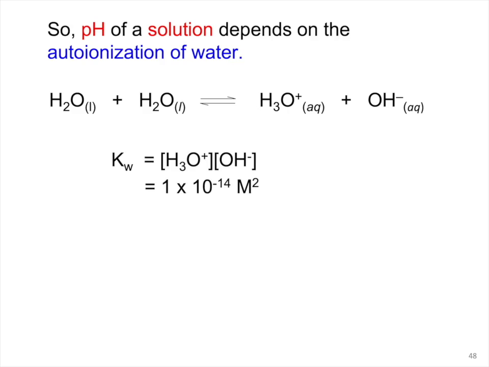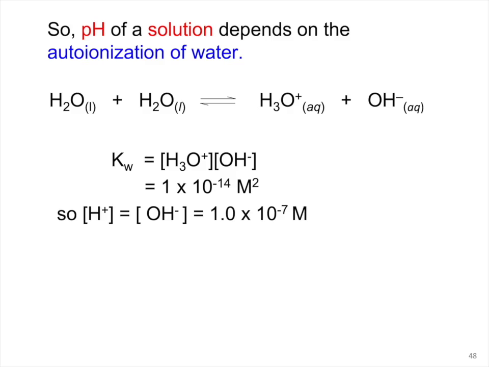So in order to calculate the pH of the solution, we can use Kw equal to the concentration of H3O+ times the concentration of OH-. And we know that these concentrations are equal, that is 1 times 10 to the power of negative 7 molar.